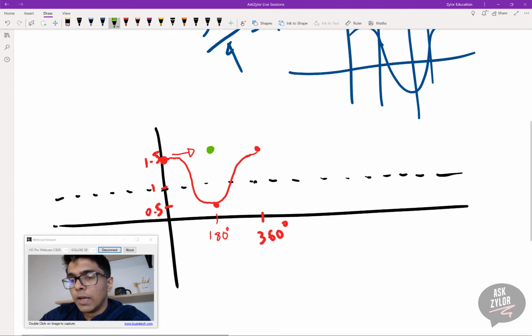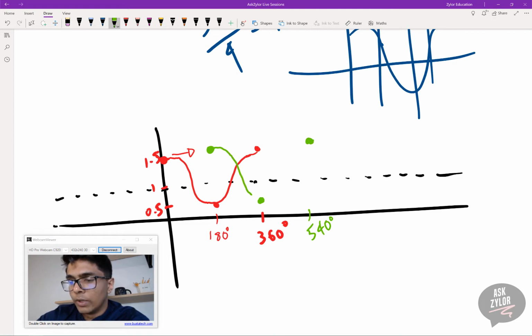And then my minimum point will be translated to 180. My maximum point, which makes a full period, will be translated to 360 plus 180, so 540 will be over here.